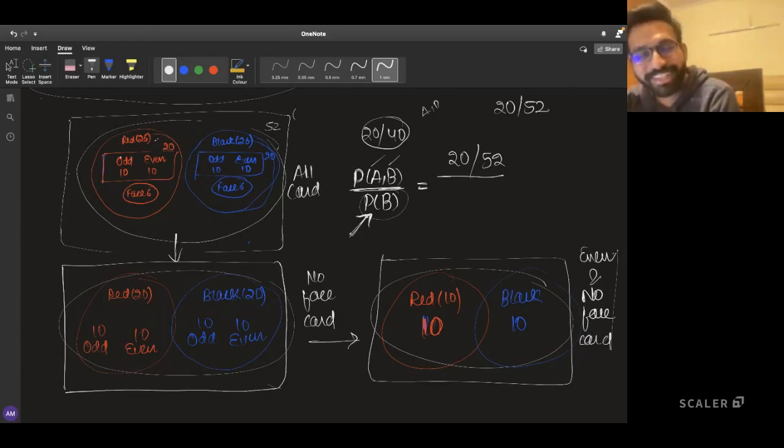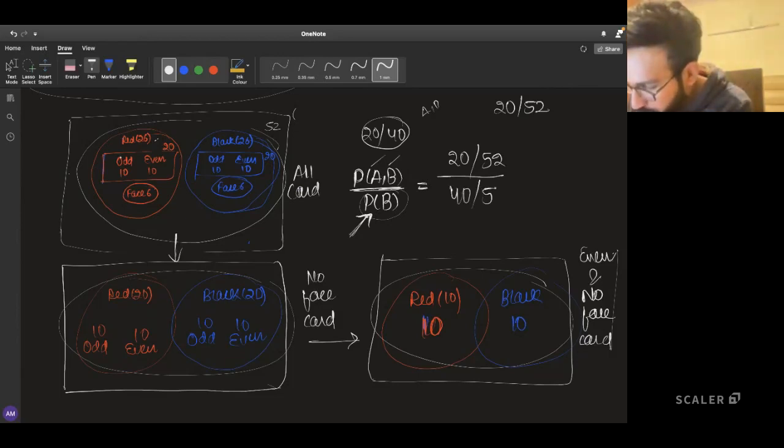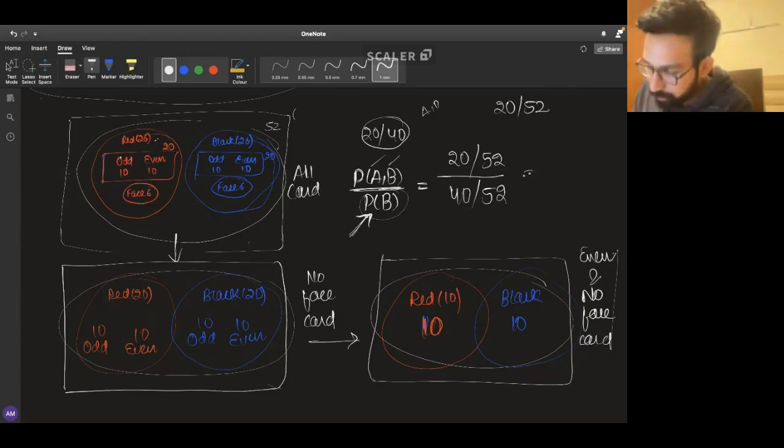Just to complete this discussion, probability of B is how many cards are not face cards. These are 40 cards, out of a total of 52 cards. So that's how we got 20 by 40, right?